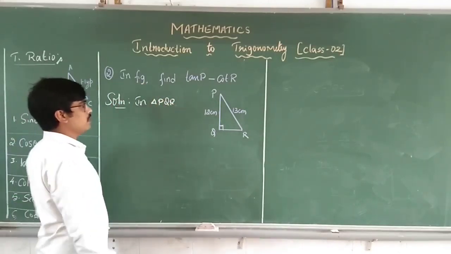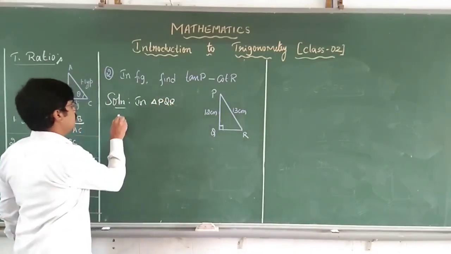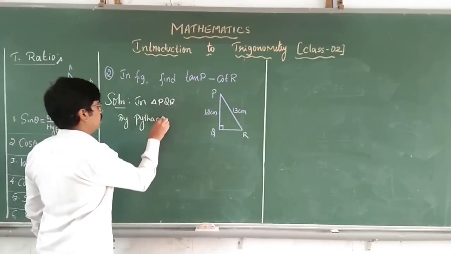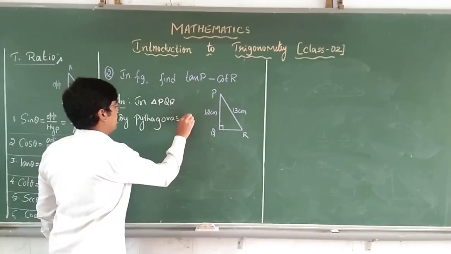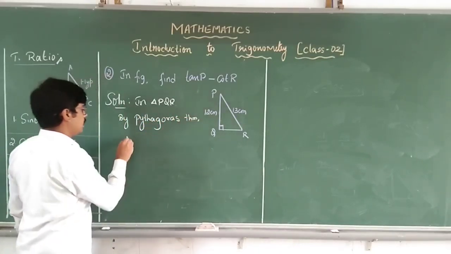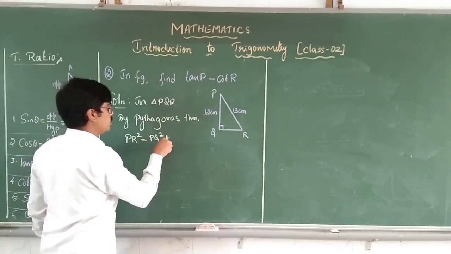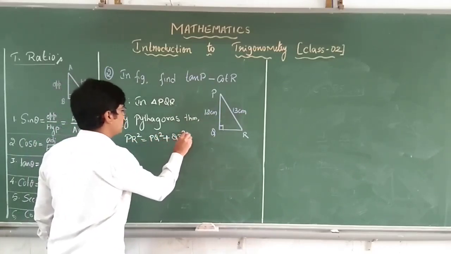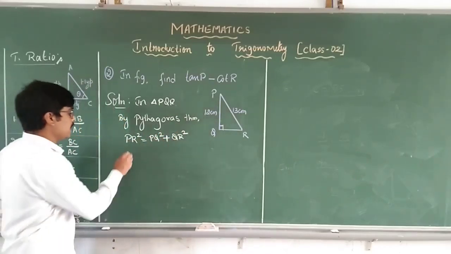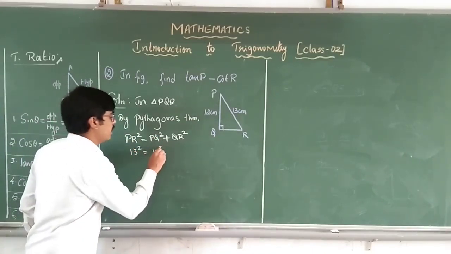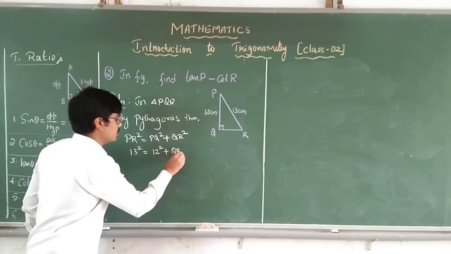By using the Pythagoras theorem, I can write PR square as the sum of the other two sides, PQ square plus QR square. PR square is 13 square, PQ square is 12 square plus QR square.